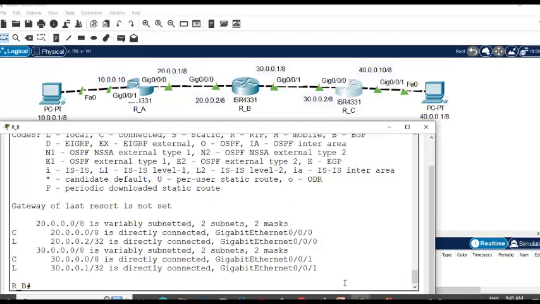For router A, Arjun, what are the remote networks? Yes. So for these remote networks, we need a route in the routing table. Only then can you ping from the left-hand side computer to the right-hand side computer. Show IP route.